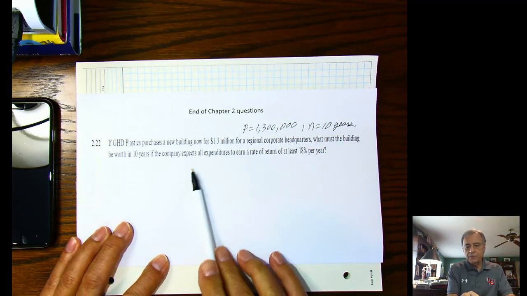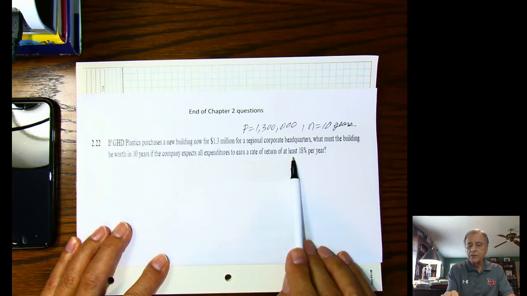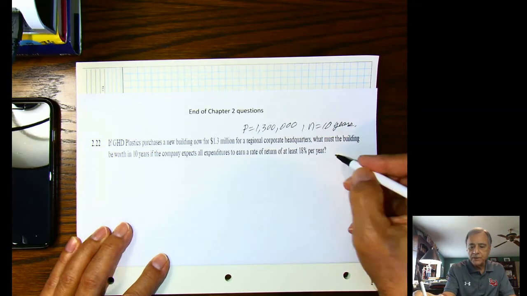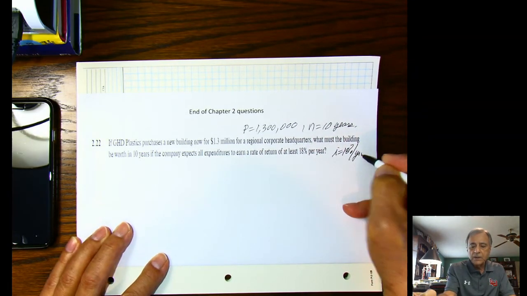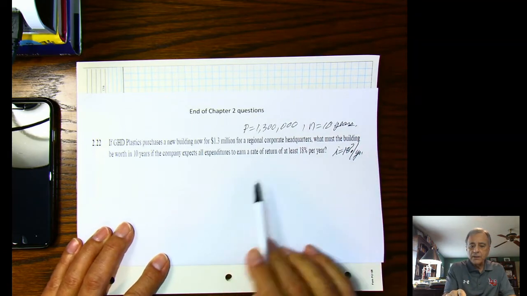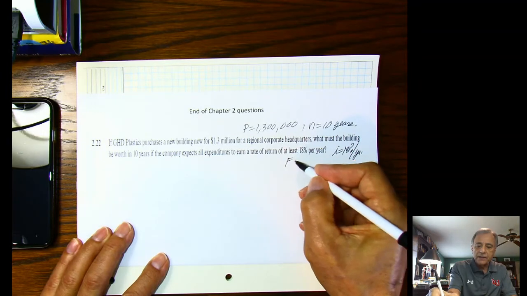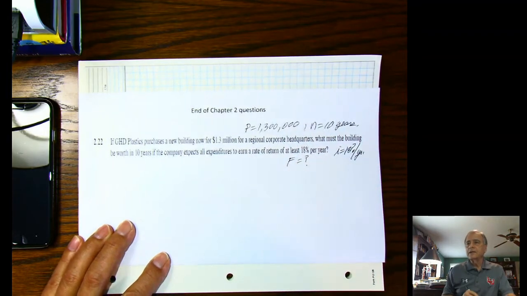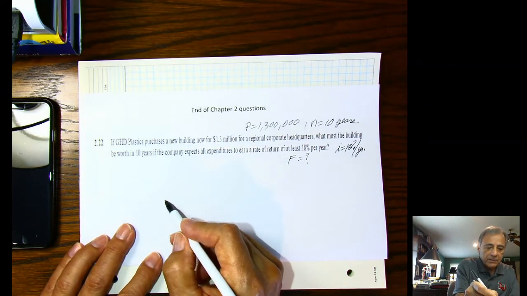If the company expects all expenditures to earn a rate of return of 18% per year, so that's i, 18% per year. So what must the building be worth in 10 years? They're looking for F, right? Okay, that's the future. So you have basically a very simple cash flow.